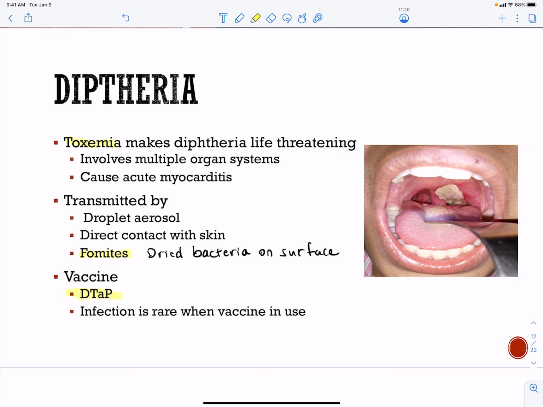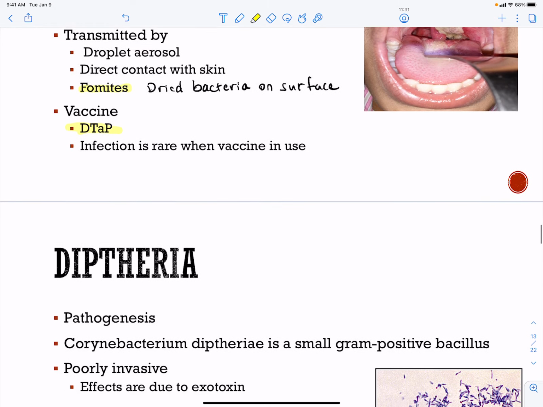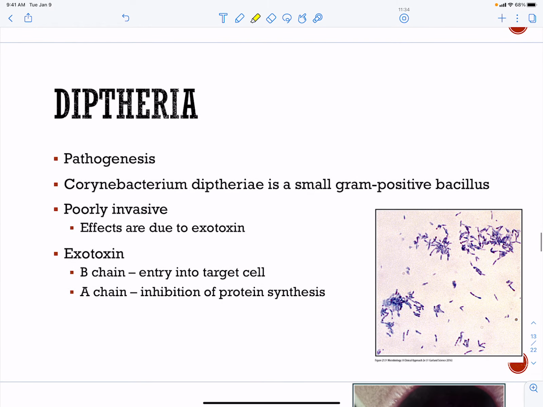Diphtheria can also lead to disseminated disease, including multiple organs, and acute myocarditis can be caused by diphtheria. So Corynebacterium diphtheriae is a gram-positive bacillus, and it doesn't really like to invade too much. It just kind of hangs out in your throat primarily. It has an exotoxin, and it's going to inhibit protein synthesis. And so every cell in your body, except for red blood cells, needs protein synthesis.